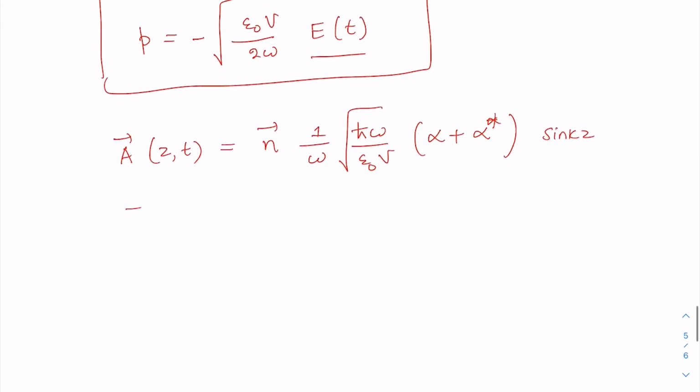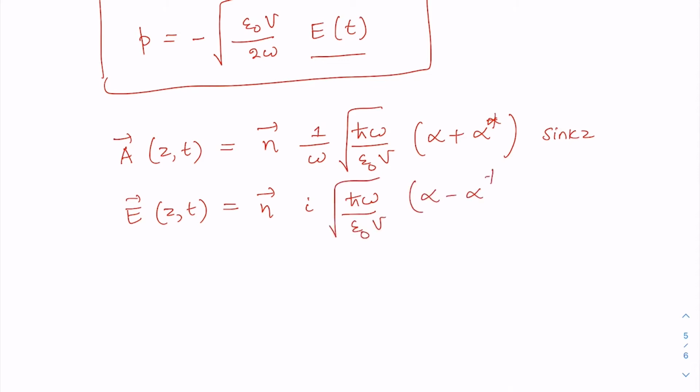And this electric field E of z, t would be i times the square root of h cross omega by epsilon 0 v, times alpha minus alpha star, times sine kz. Okay, so that's what we are going to get.